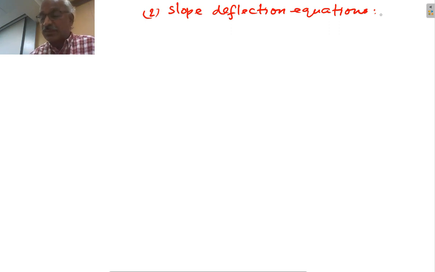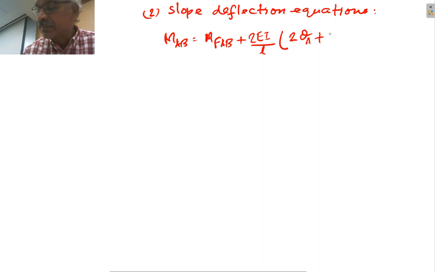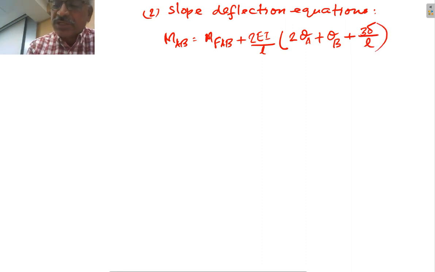Now for the span AB, we know MAB equals MFAB plus 2EI by L into 2 theta A plus theta B plus 3 delta by L. This is the general equation.